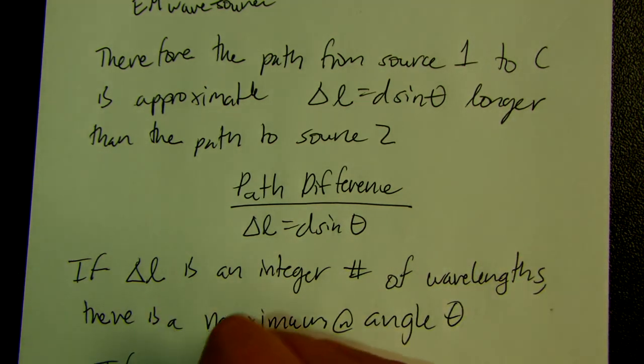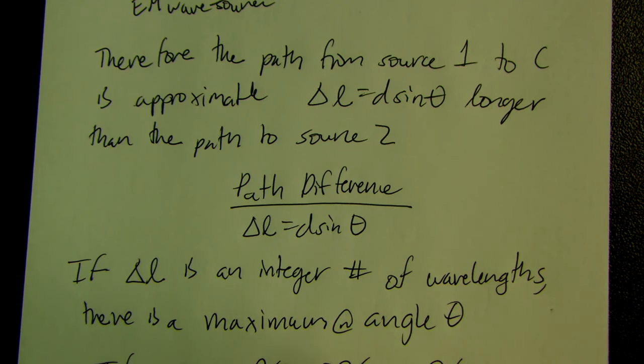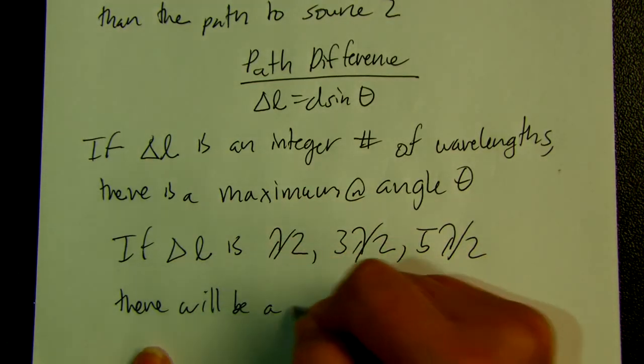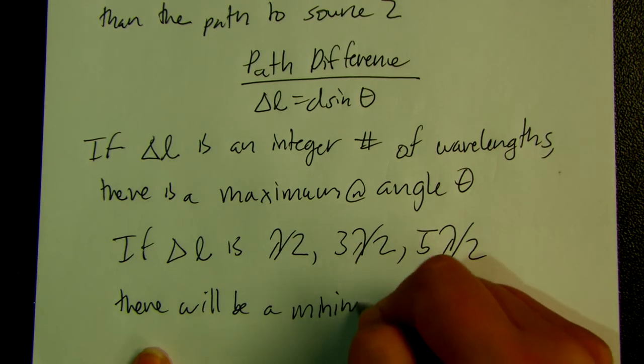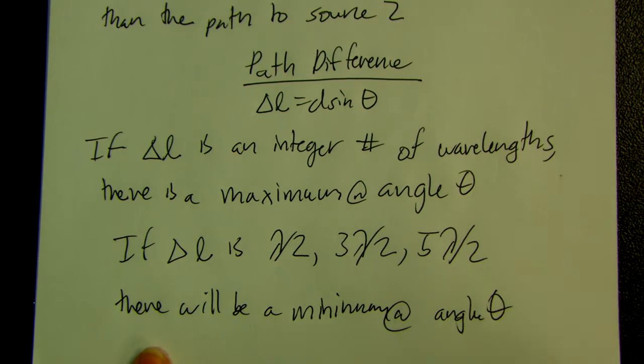If delta L is lambda over 2, 3 lambda over 2, 5 lambda over 2, there will be a minima at angle theta.